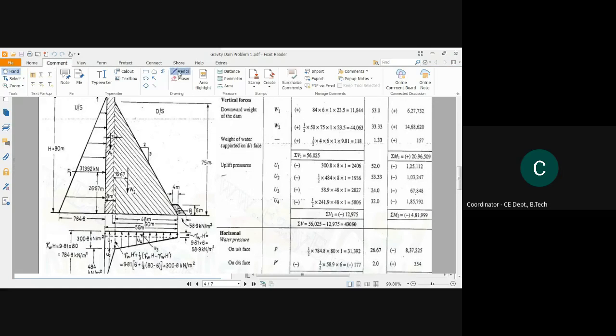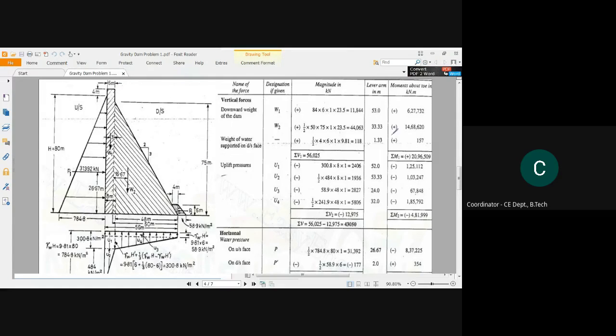We calculated all the vertical forces and their corresponding lever arms, and multiplying them we have achieved the moment about the toe. So now today we will continue from here, calculating the horizontal forces.